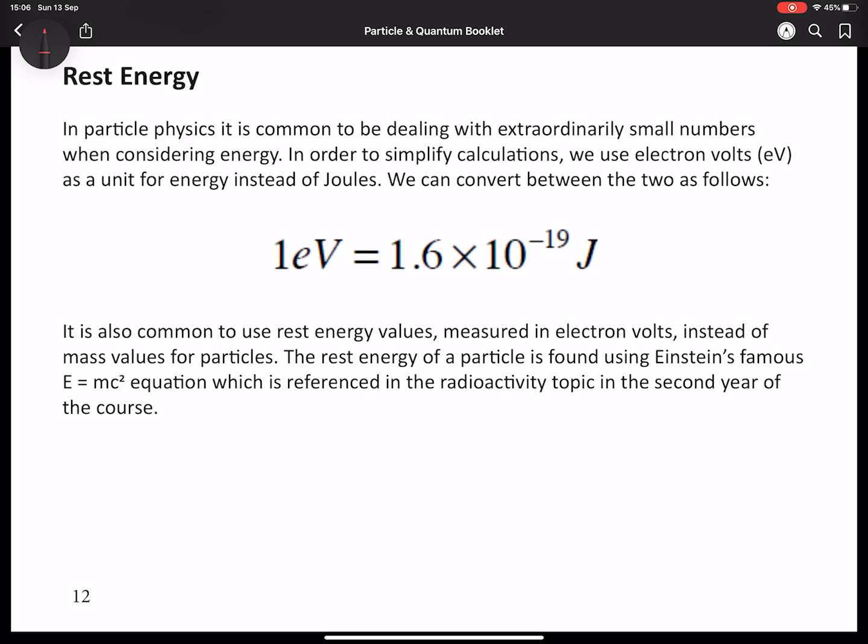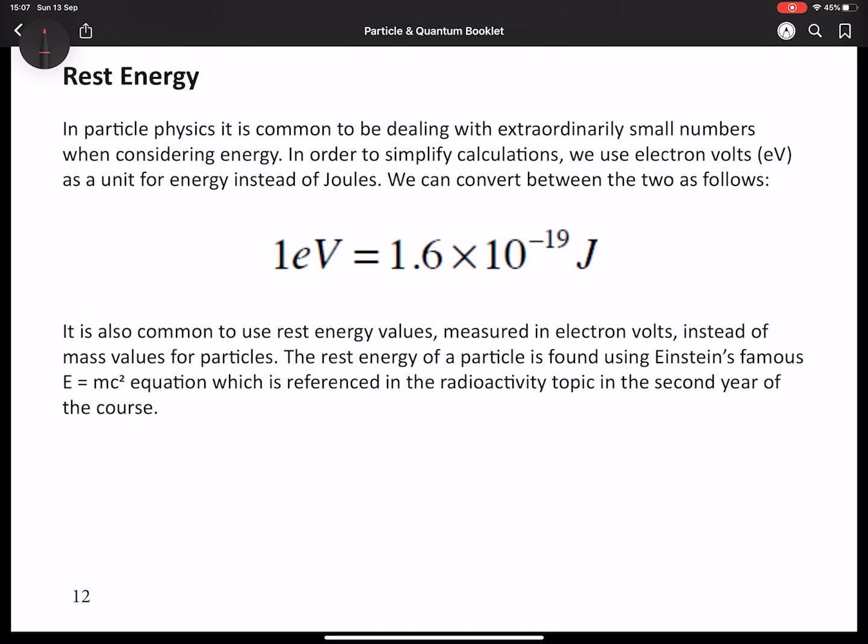Now, unfortunately, measuring things like photon energy in joules is not very effective because we always end up with an exceedingly small value, usually in the range of times 10 to the minus 19 or times 10 to the minus 20. So to simplify matters and provide values that are a lot quicker and easier to use, we use a new unit, the electron volt.